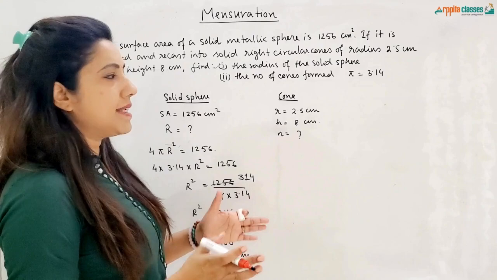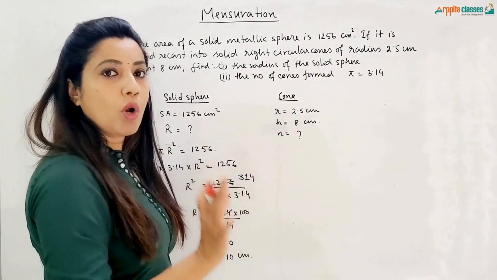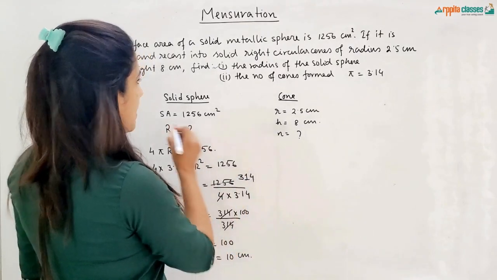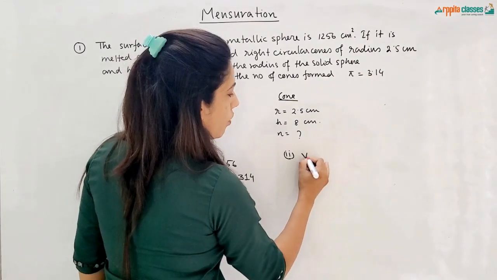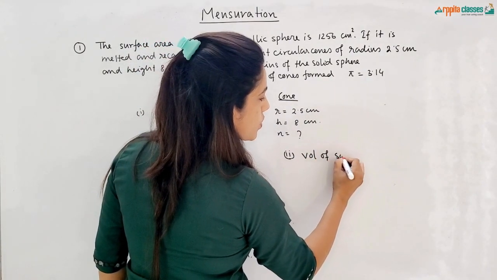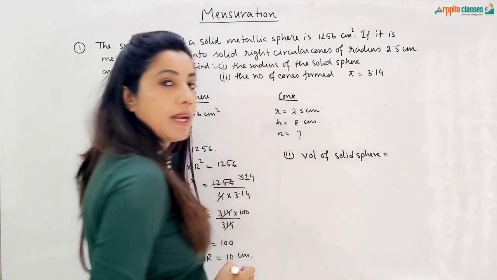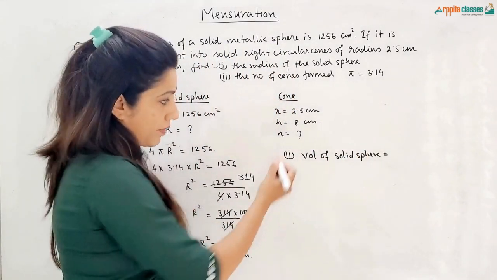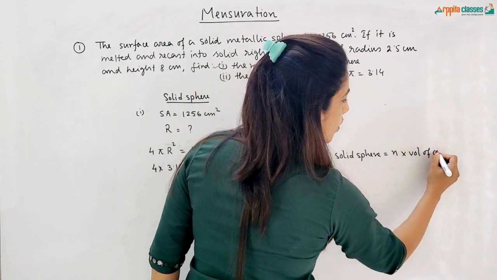Now, as the solid sphere is melted and recast into a number of cones, the volume remains same. This was the first part. In the second part, we are going to write: volume of solid sphere is equal to number of cones formed, n, we have considered, so n into volume of cone.